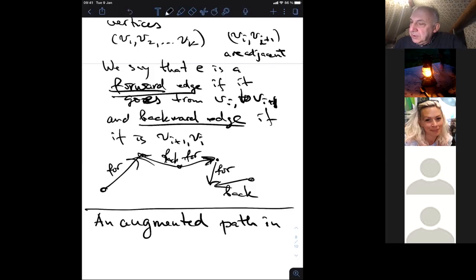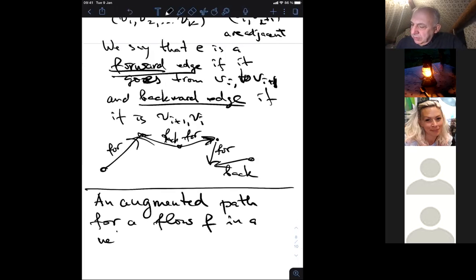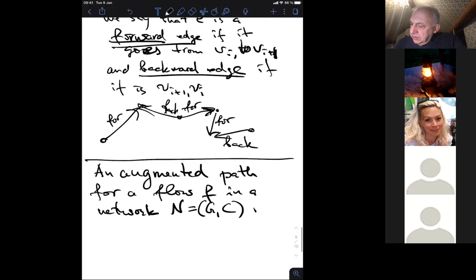Okay, so we need to specify a flow, of course, for a flow F in a network N consisting of G and capacity function C.